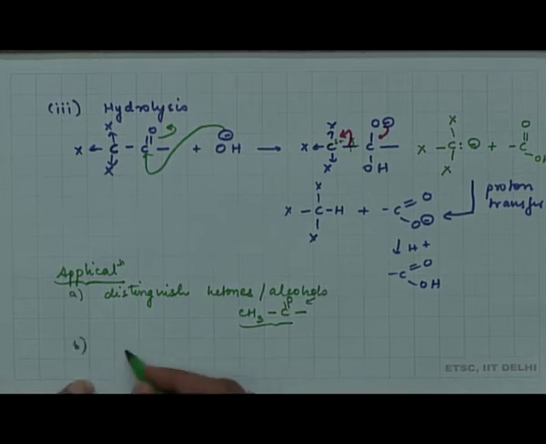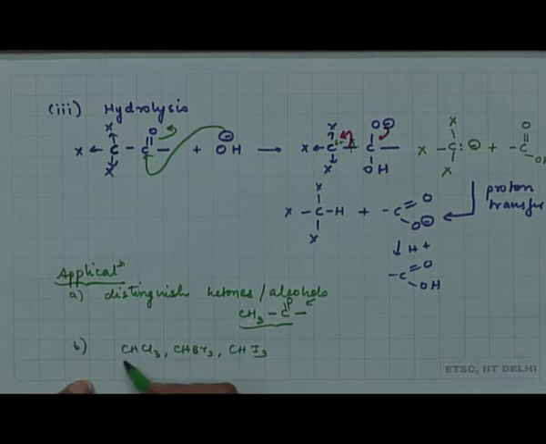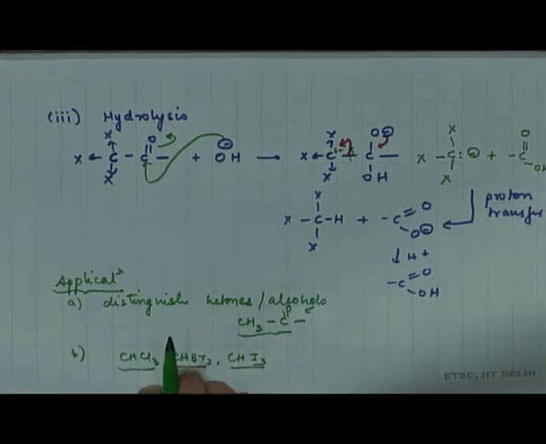It is also used for the preparation of chloroform, bromoform and iodoform. Chloroform is a general anesthetic, bromoform is a local anesthetic, and iodoform is an antiseptic. So, this is an important reaction.